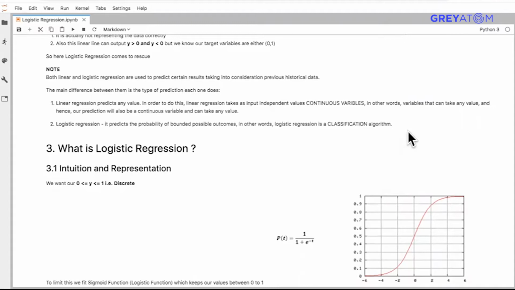Oh, so Vikrant has asked a question. Will it always be two options, yes or no, or might there be more, like maybe? So Vikrant, to answer this, there would always be a 0 or 1. There are also multi-class classification problems where you have more than 3 labels to predict.